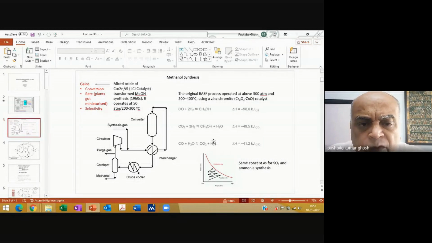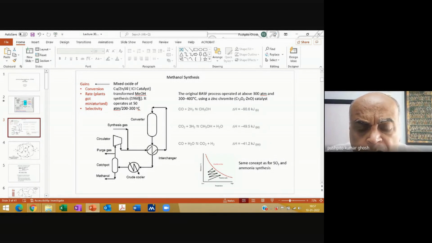And the people who were able to succeed in it was ICI. They were able to make a mixed oxide. Of course, this is also a mixed oxide catalyst, chromium oxide, zinc oxide, but of a different kind. What was remarkable is that this was developed in the 60s, whereas the methanol process originally developed by BASF would have been somewhere around 1920, around that time.